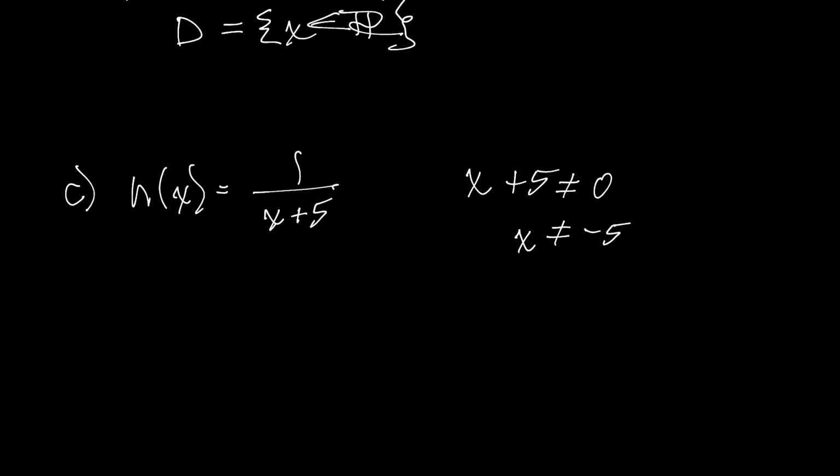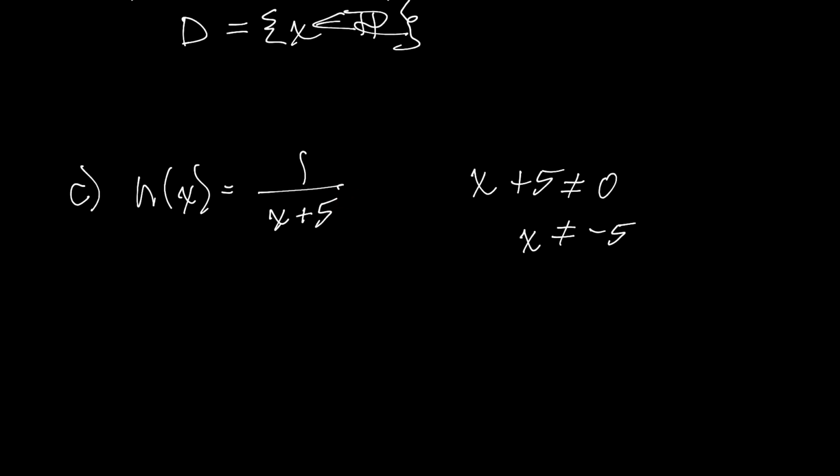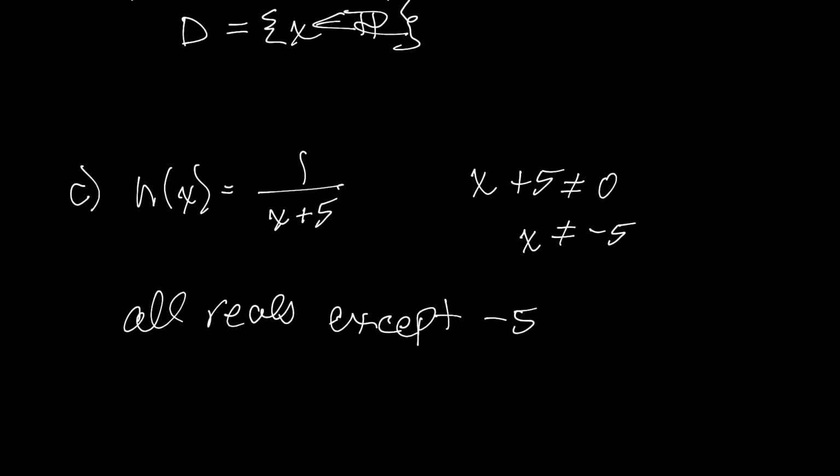All right. From there, how do we write it? Well, you could write it using words. You could say all reals except -5. Or you could use, here the interval notation gets a little wonky.